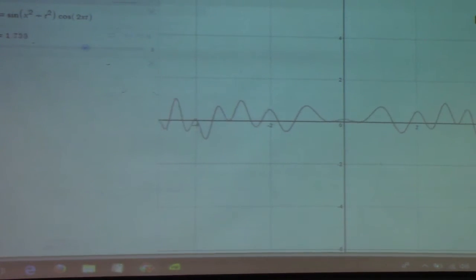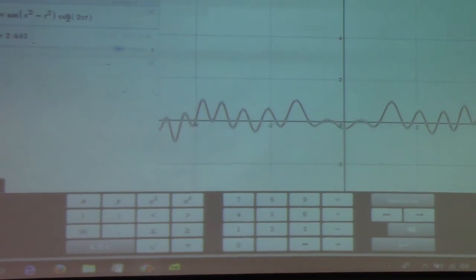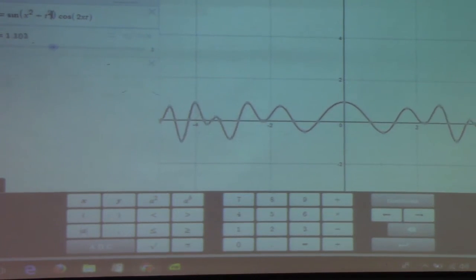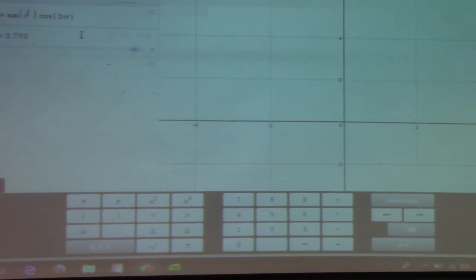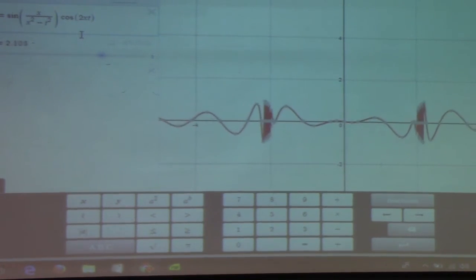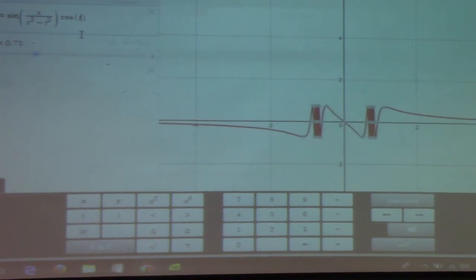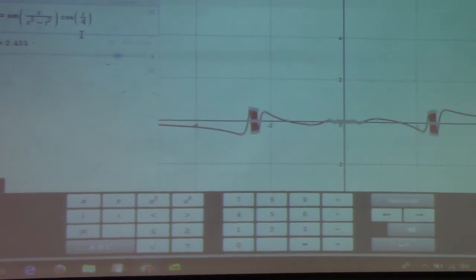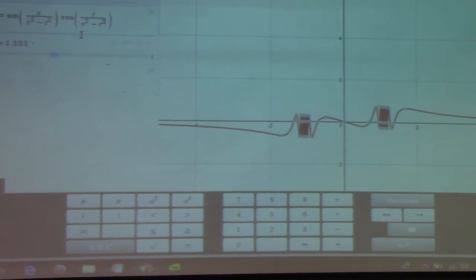So x divided by x squared minus t squared, and t divided by x squared minus t squared.